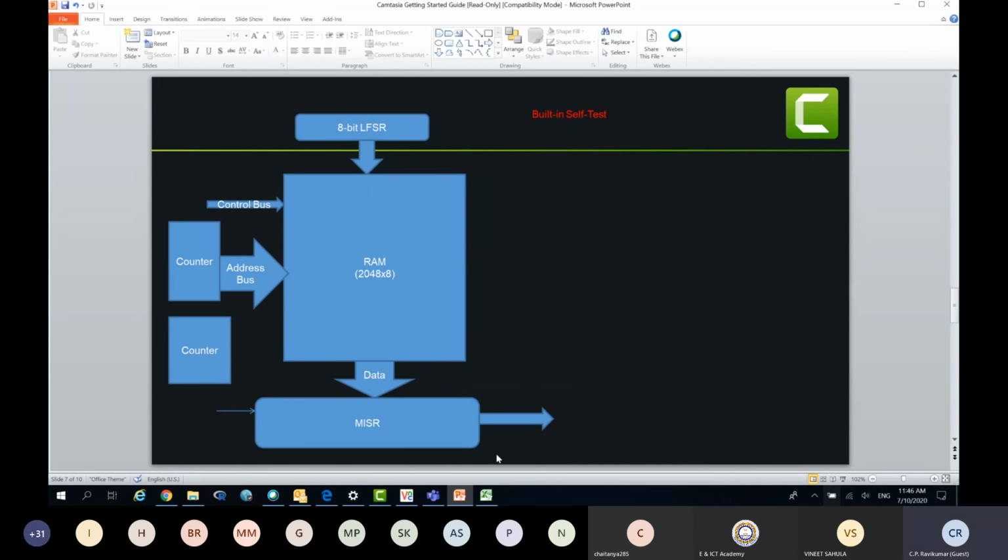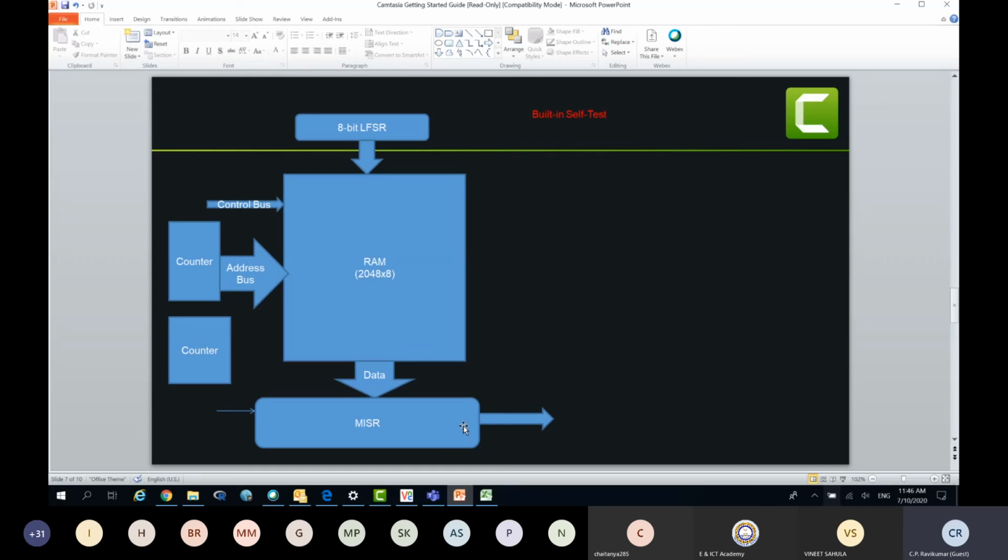So I can build the necessary logic. See, even the comparison, I can put a comparator, right? If the signature is the golden signature and the actual signature don't match, the error signal can also be computed internally, right?